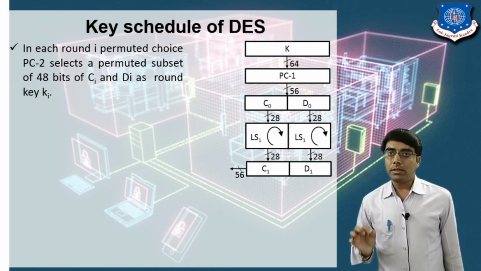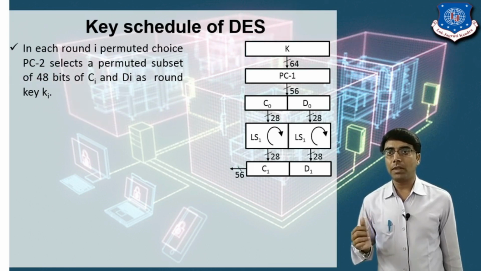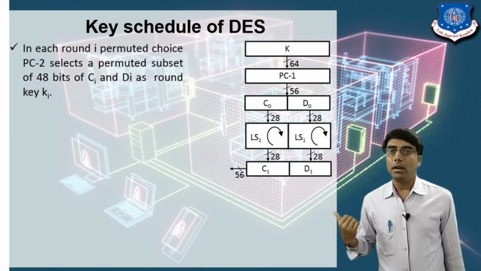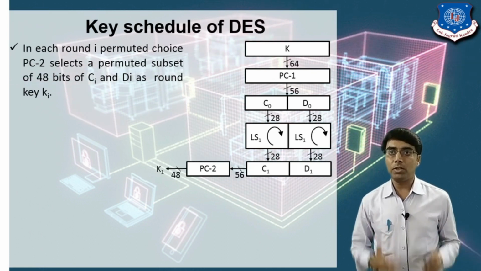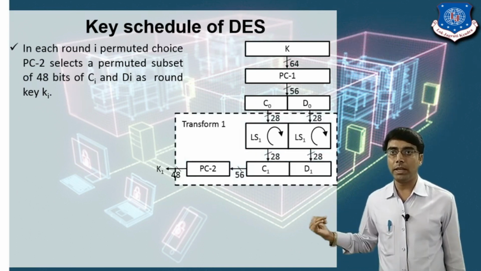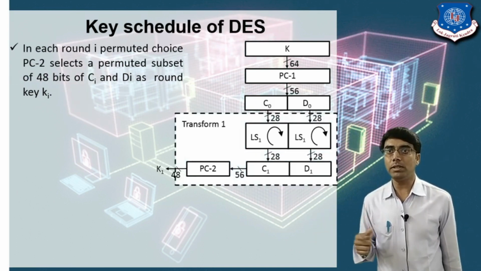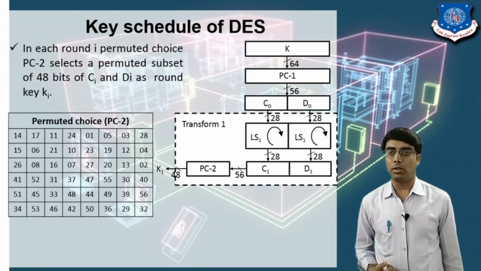Now this C1 and D1, the 56 bits, will be given as input to PC2, permuted choice 2. After applying the compression, PC2 permuted choice 2 generates a 48-bit key. So this key will be used in the first round.